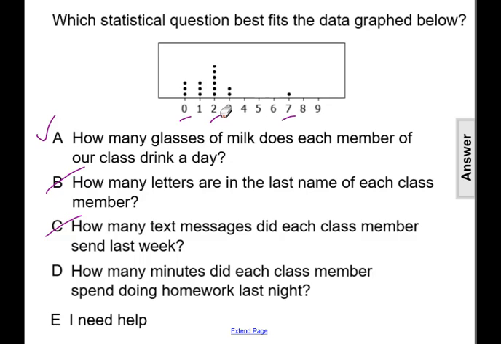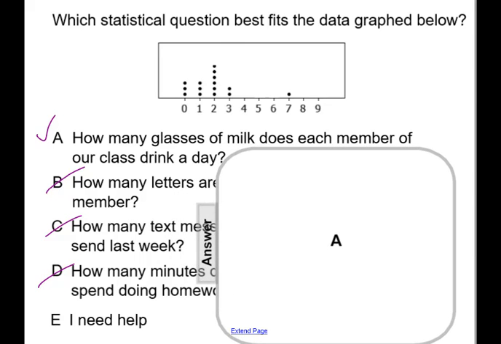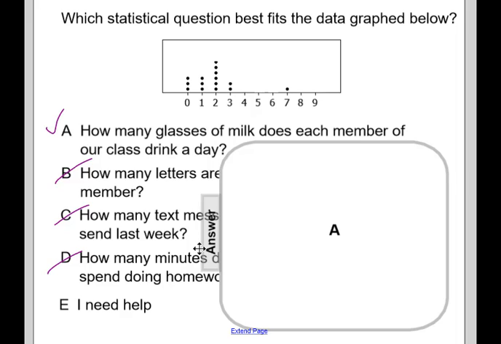And 2 minutes, if I could do my homework in 2 minutes, man, that would be a race. But these low numbers don't make sense for the question of how many minutes each class member spent doing homework last night. It seems like the only question that makes sense for the data that's graphed below is A, how many glasses of milk did each member of our class drink a day?